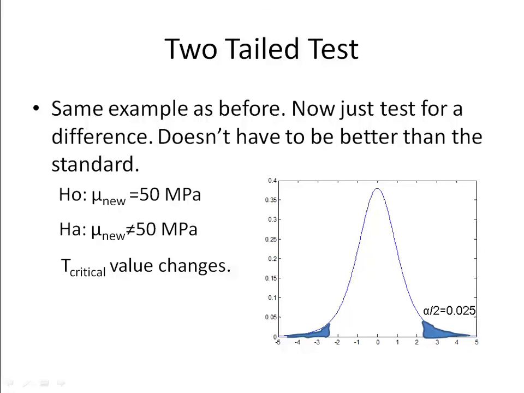The two tails will sum up to 0.05. So we have to use the t-critical value, not for 0.05, but for 0.025. And you'll see that when you use a t-table for this, if you summed up this area and this area, you'd still get 0.05.